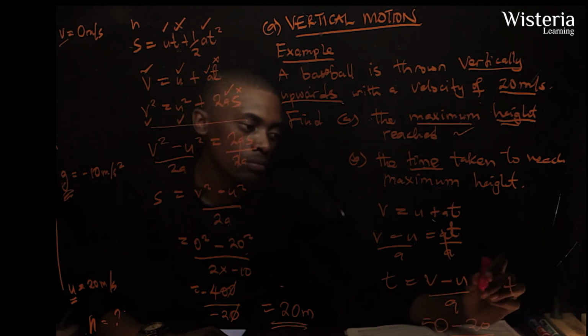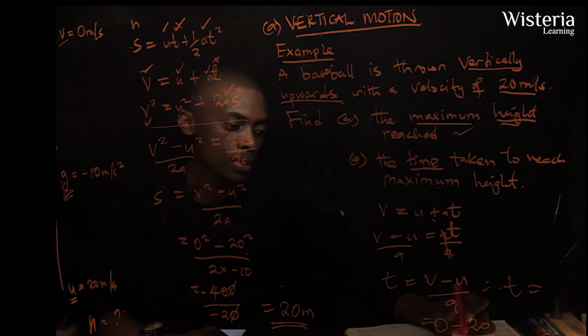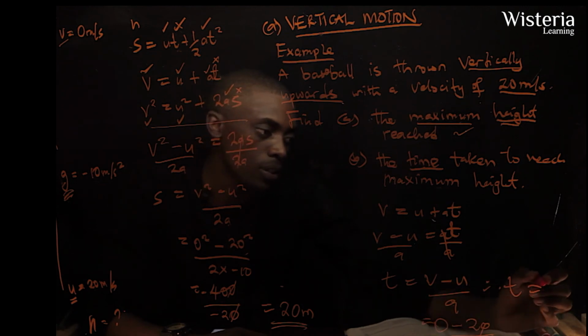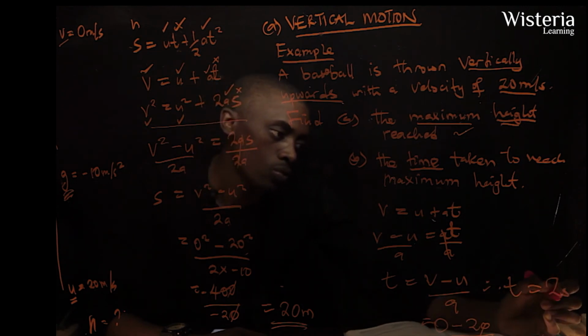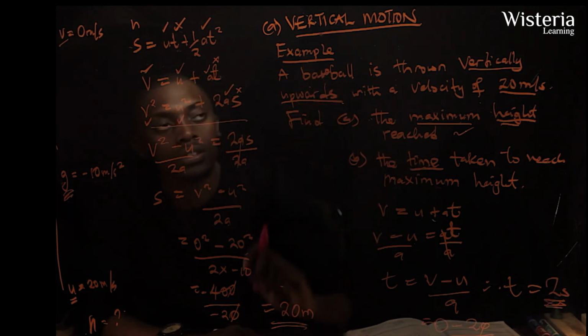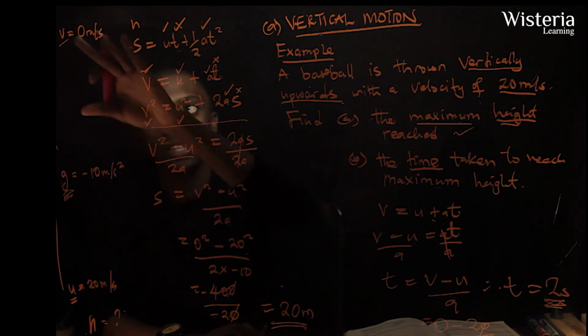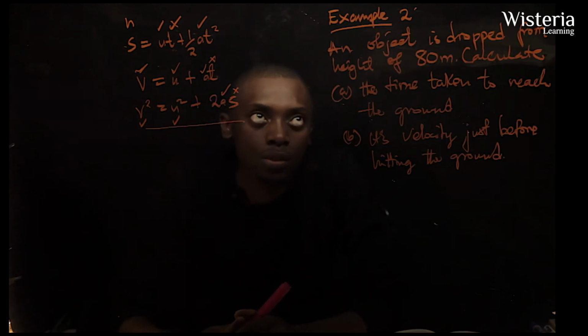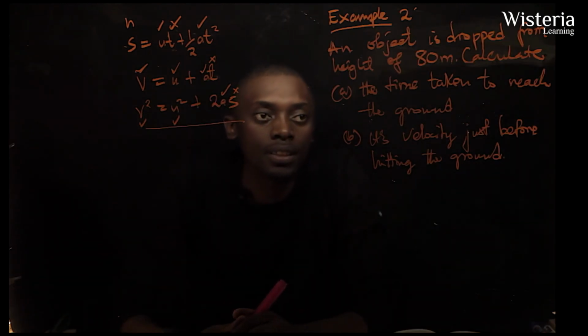Therefore, our time is negative 20 over negative 10, which is the same as saying 2. The negative and negative cancel out, so time will give us 2 seconds. So we can conclude here that the time taken for this object, this baseball, to reach this height of 20 meters was 2 seconds.